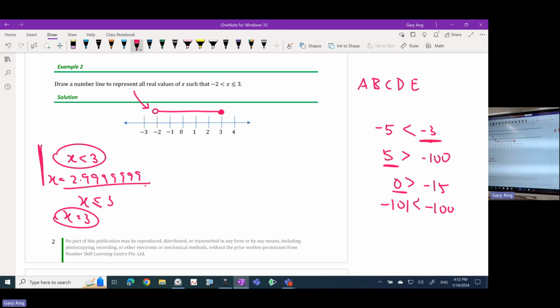No matter how close you go, you just never get there. 2.99999 is not 3. I know it sounds like 3, but it's not. So understand colored, non-colored: include or don't include. That's all lah, it's very simple. Got equal sign, color. No equal sign, don't color.